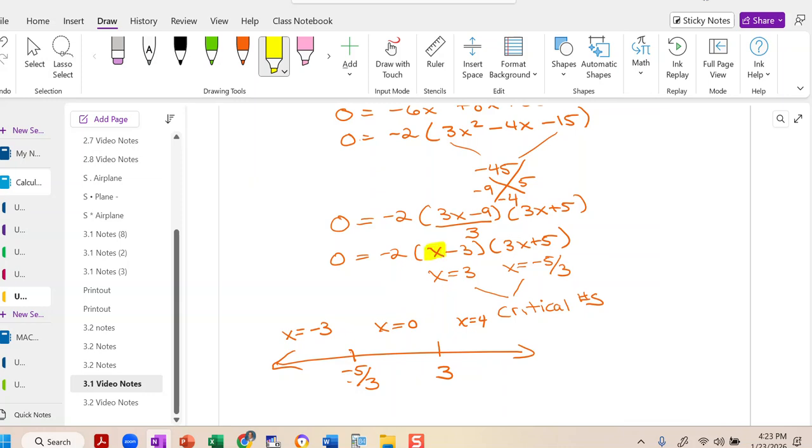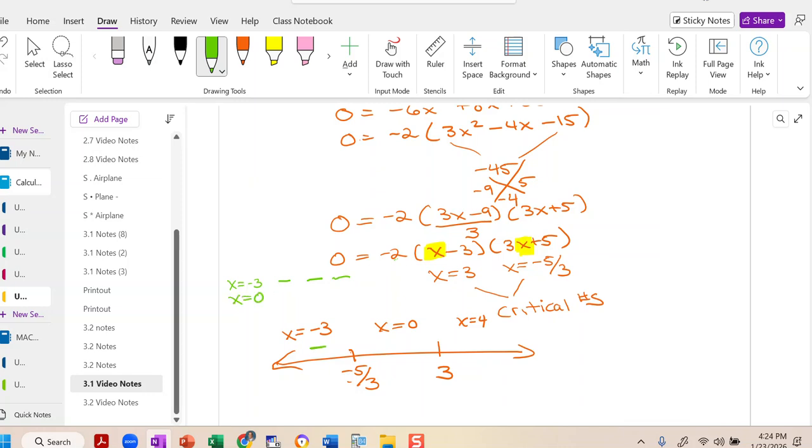What I usually do is just eyeball it. If I put -3 here, that's negative. -3 minus 3 is -6, times -2. So if x equals -3, it's negative, negative, and negative. Three negatives make it negative.